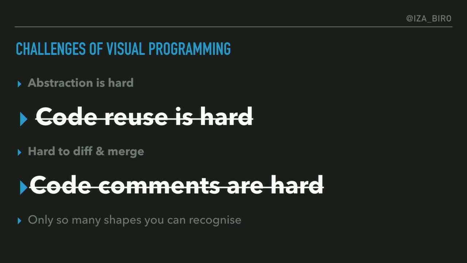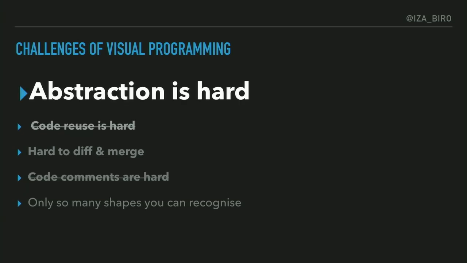That was just for the flows. You can do the same thing with nodes. Same way exported, same way imported. Code comments are not hard, but then abstraction. That's the bottleneck of visual programming. And as you could see, Node-RED is visual as well.